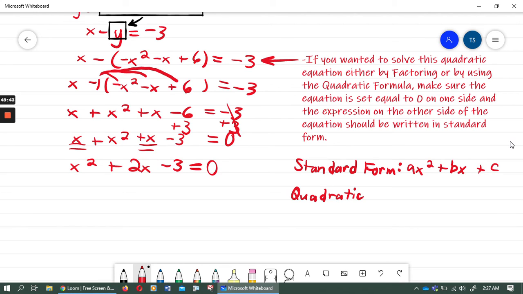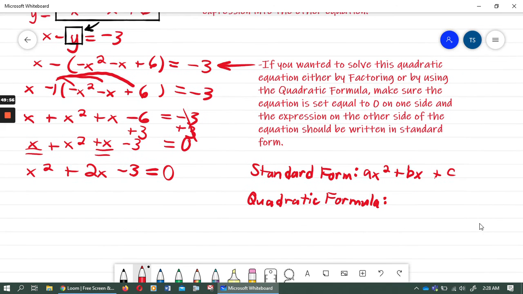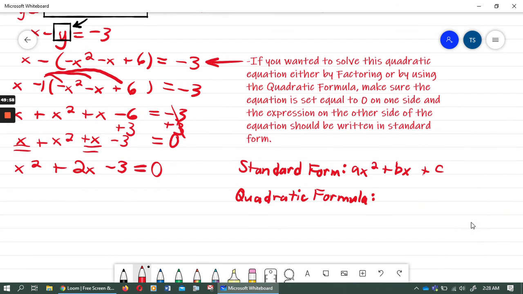But anyway, I'm going to write down what the quadratic formula is as a reminder to you, and if you need a refresher about how to use the quadratic formula, you can look up a video, or you can subscribe to my YouTube channel. You can look at those previous video lessons we've done about solving quadratic equations and refresh yourself on that.